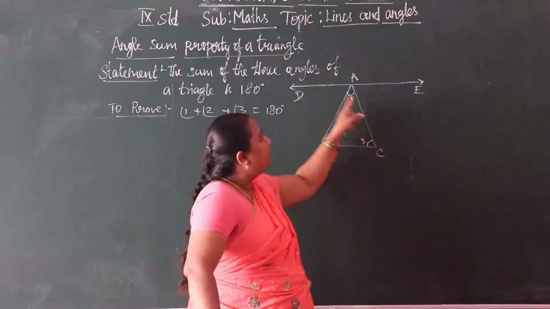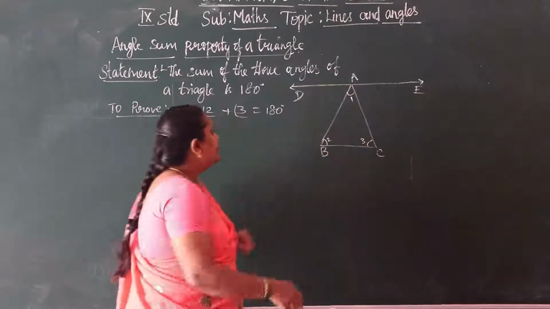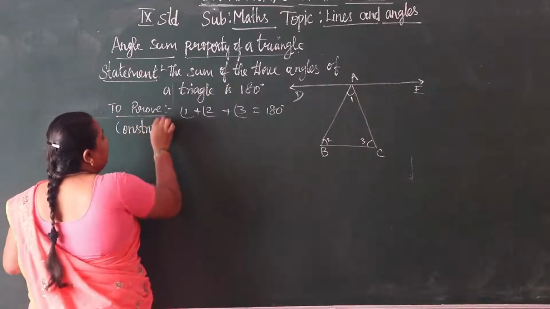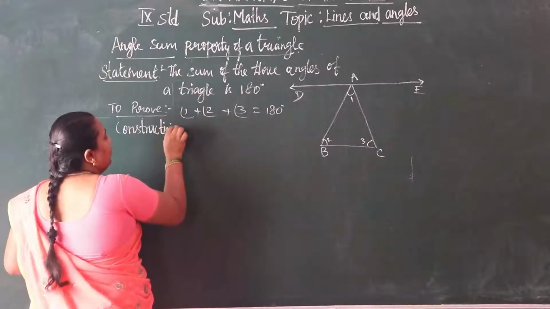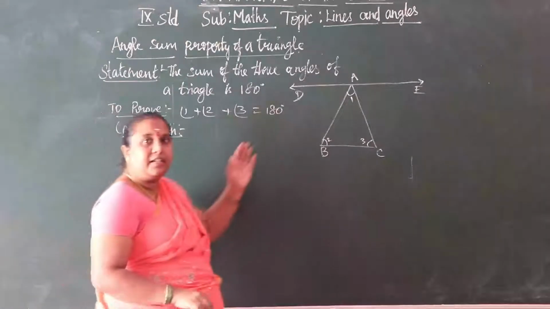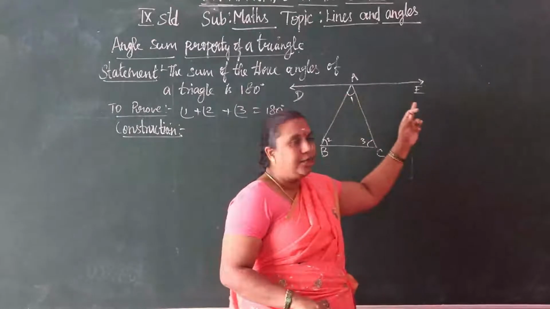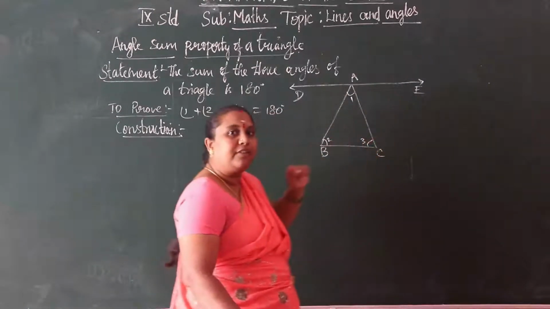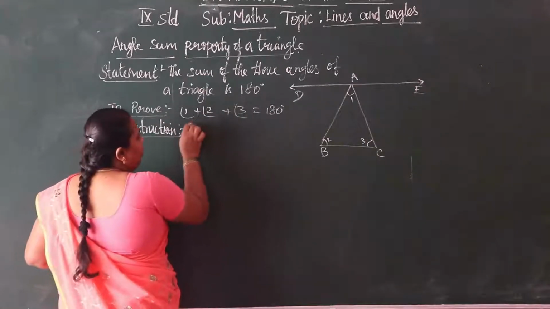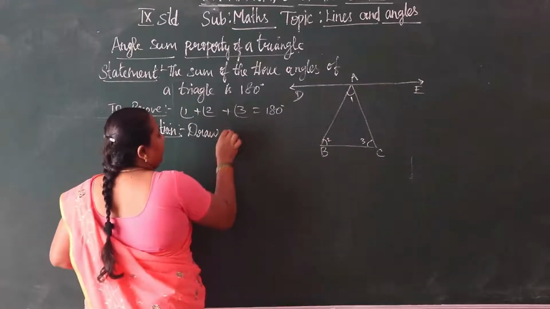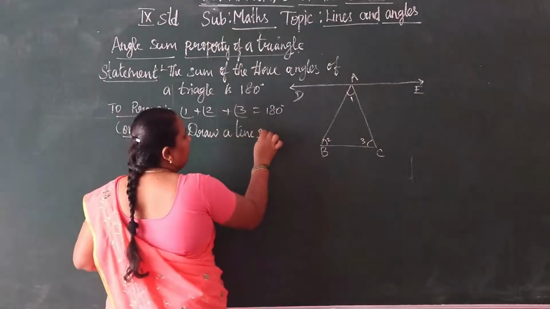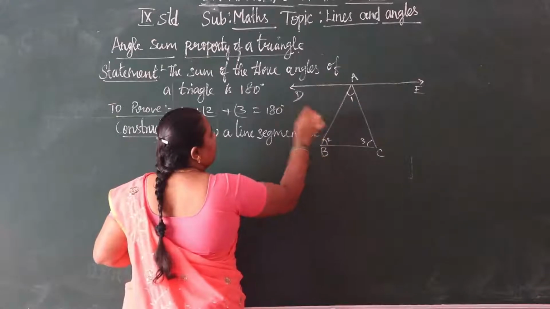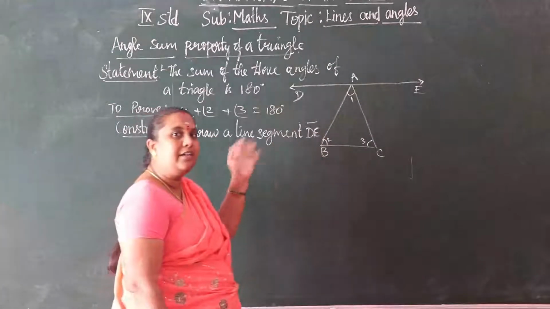So here, by construction. What we want to construct here? What we constructed here? See children. We draw a line segment DE through the vertex A of a triangle. Sorry, not a line segment. Draw a line DE.